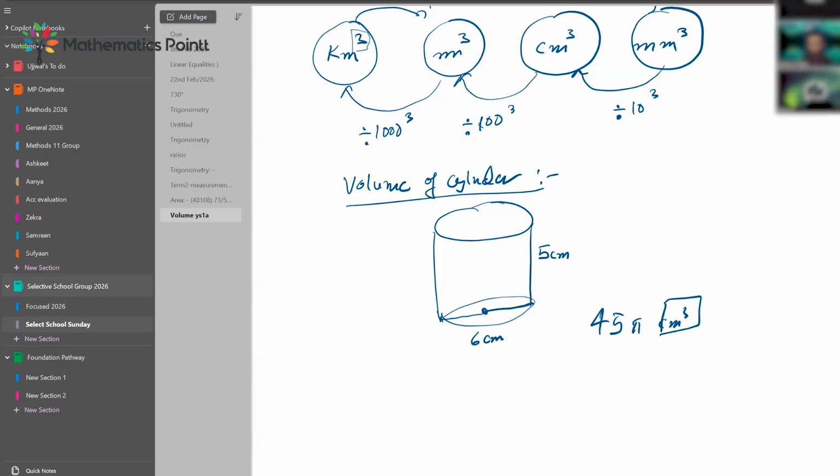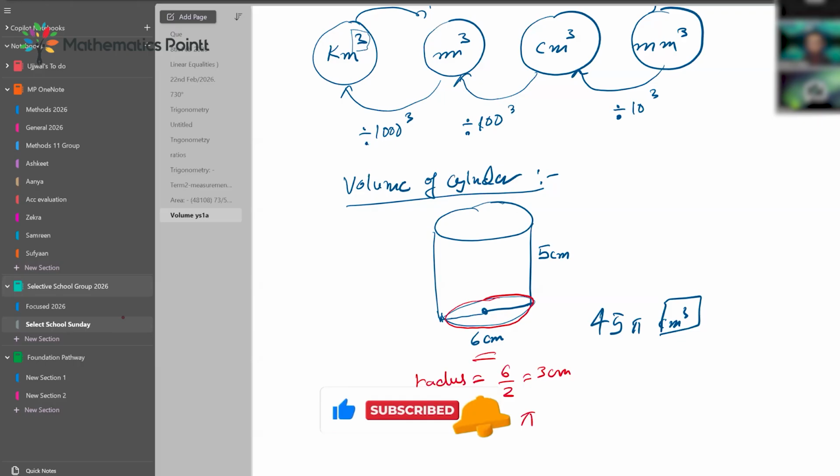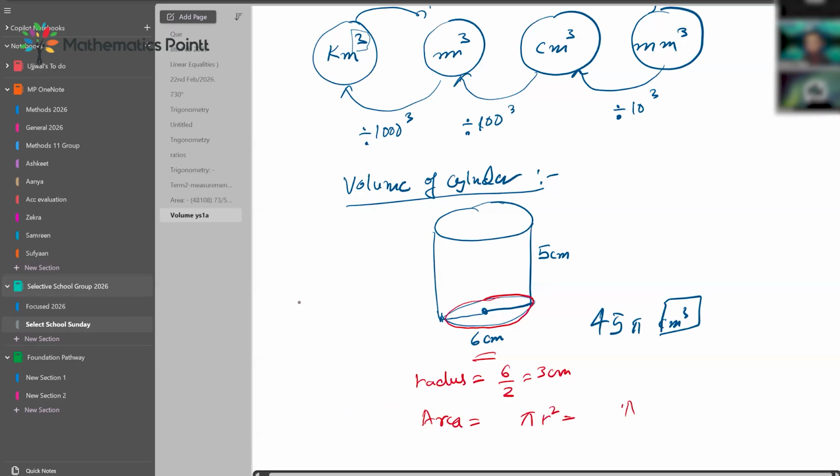How do I find it? The area of the circle. The diameter is 6, so the radius is 6 divided by 2, which is 3 centimeters. And so the area is pi r square, which is pi times 3 square, which is 9 pi centimeters square.